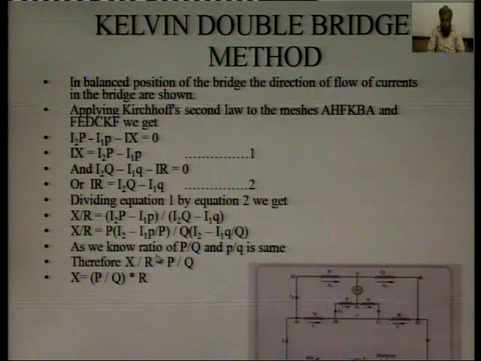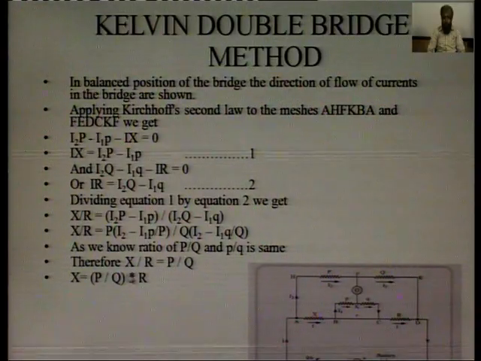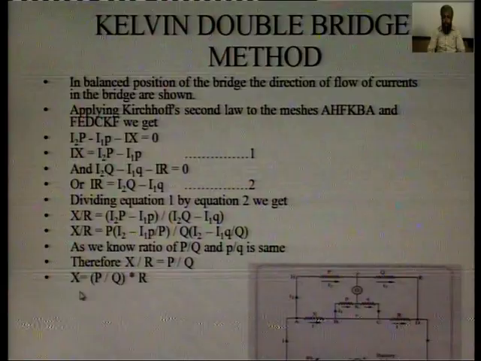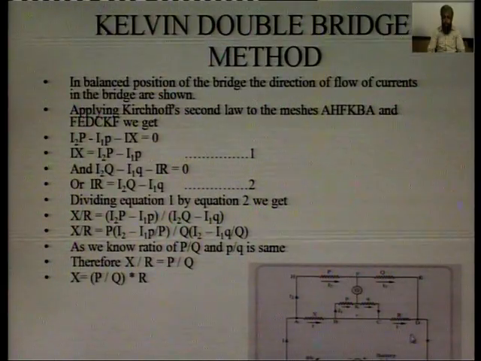As we know, the ratio of P by Q and small p by small q is the same, therefore x by R equals P by Q. So from this equation we can find the value of x, which is the unknown resistance.